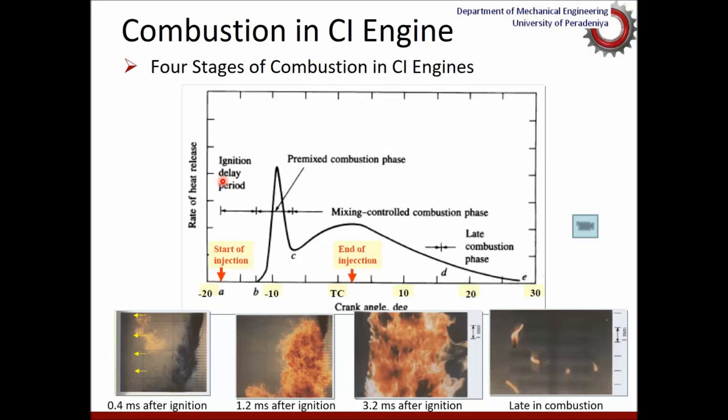The combustion during that phase is mixing controlled combustion. As you can see, this is the start of injection and this is the end of injection, and after that there can be some late combustion phase where the leftover fuel particles burn late.